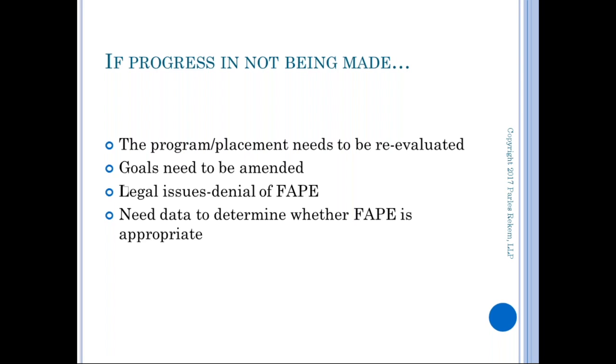And if the child's not making progress, they need to try something different. So you want to make sure that the right data is being taken, and that once it's taken, it's actually being reviewed and looked at, so that you can make sure that the goals are being met.